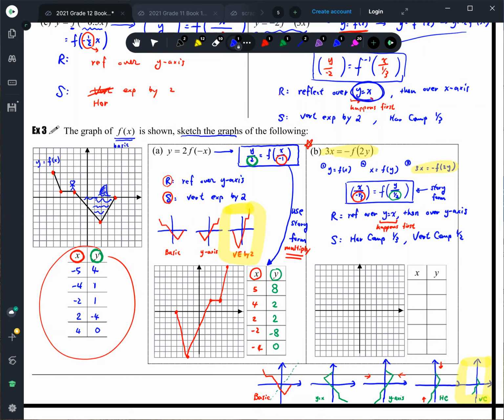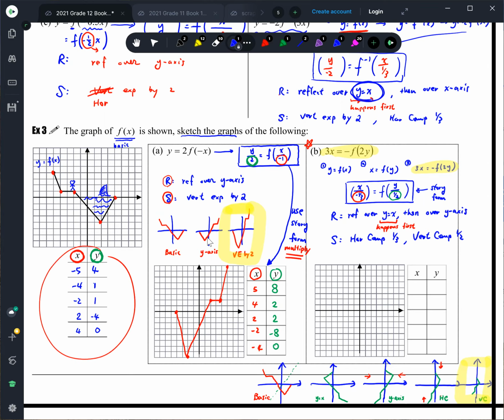Jenny, what's the new x value? Not sure. What needs to happen first? Do we find the table first?